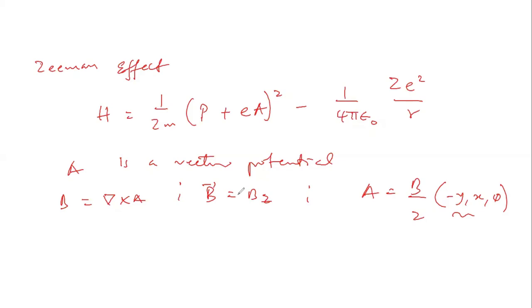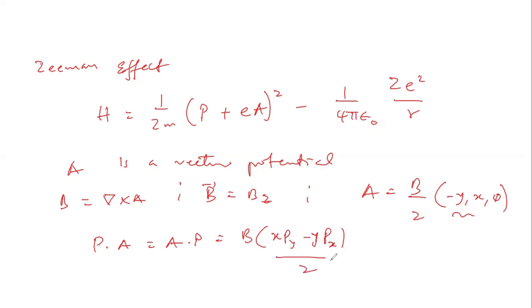And then the cross terms here, P dot A will be the same as A dot P, the same as B into bracket XP sub Y minus YP sub X divided by 2.